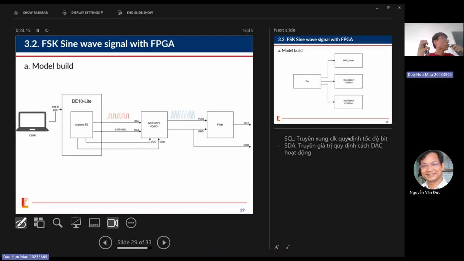The main function is to control how the DAC works, and it will contain the values of the sine wave.